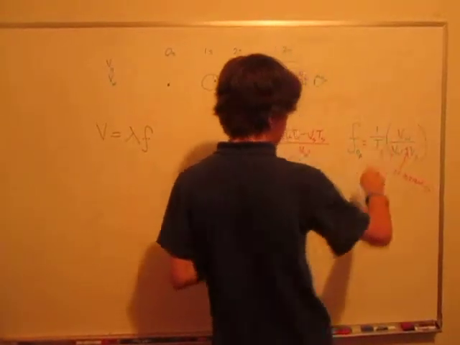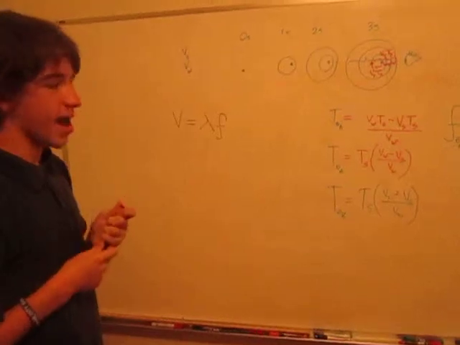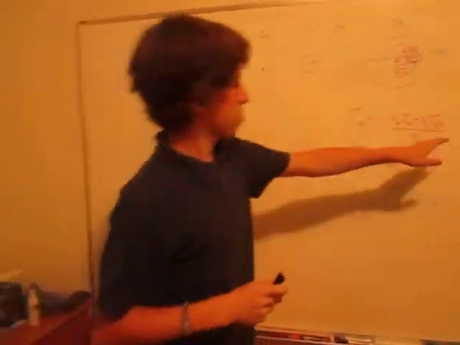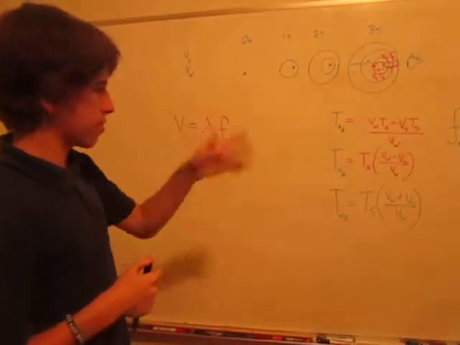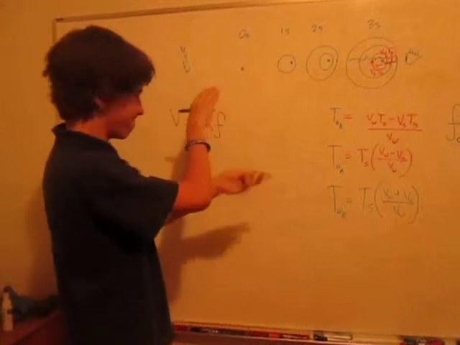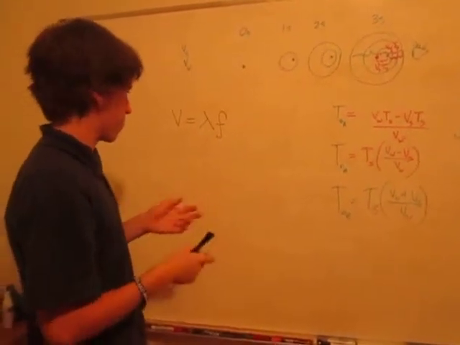Because this is a constant, and you're just dividing by more and more. So our frequency of the waves, as it's going away, is actually getting smaller. Our period's getting bigger, of course, because it's the inverse.